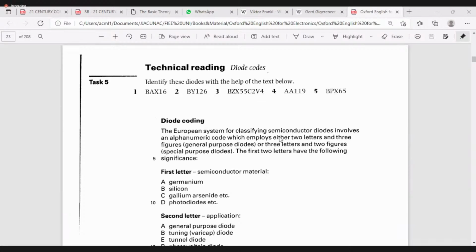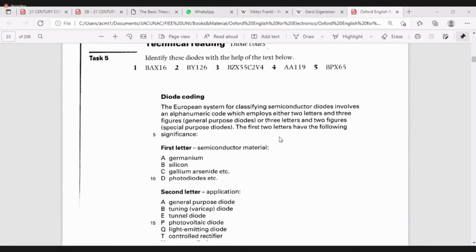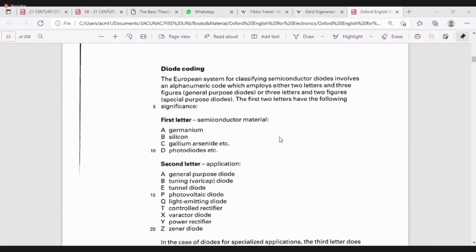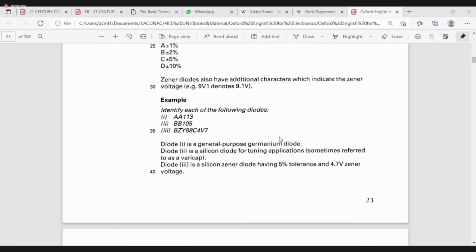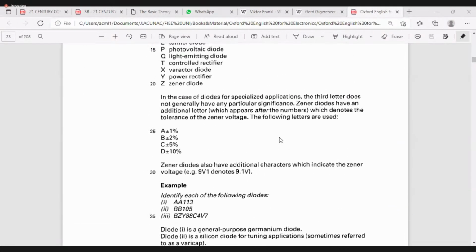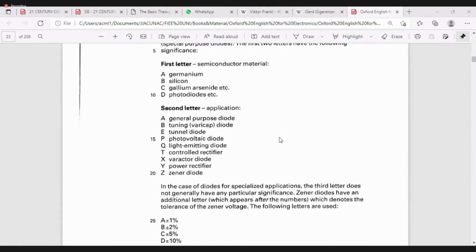So, in order to mark diodes, we need to check first not only the tolerance or the value itself, but we need to be more specific on the material of the semiconductor, the application, the type, and even the voltage in some cases.